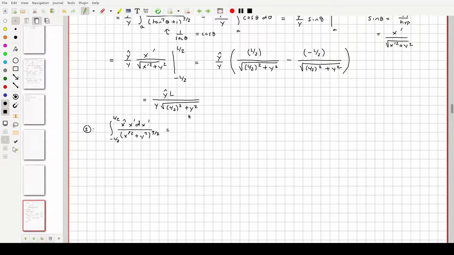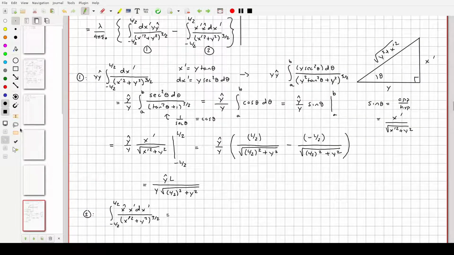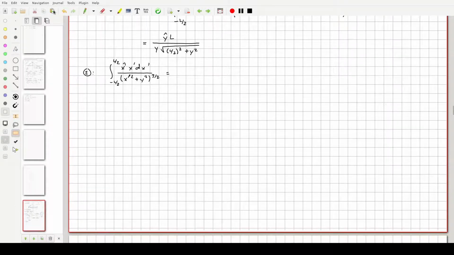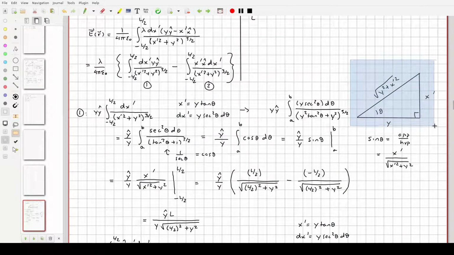Now we're doing exactly the same thing here. We're making exactly the same substitution as we did before. In fact, let me just go ahead and snag that pertinent information. Same thing. I'm even going to snag my geometry here because we'll need it.